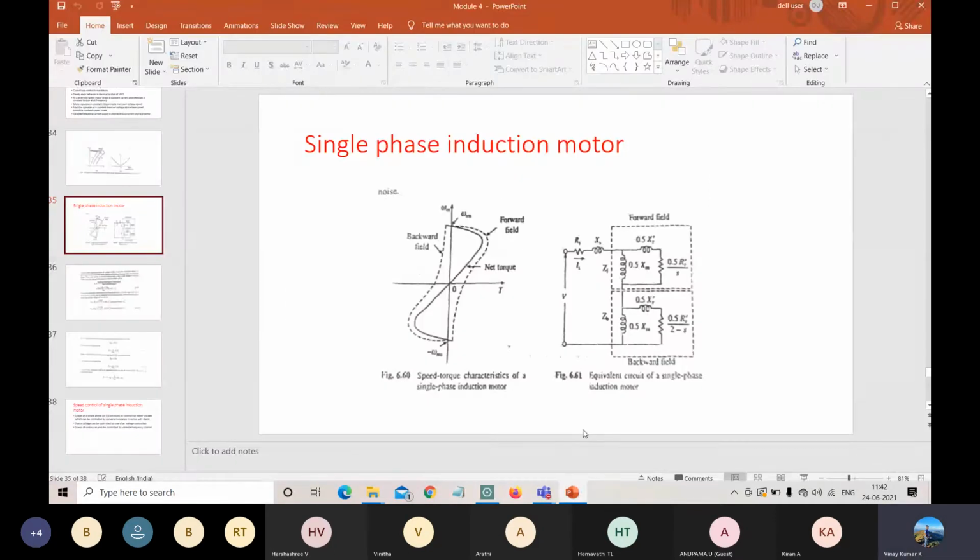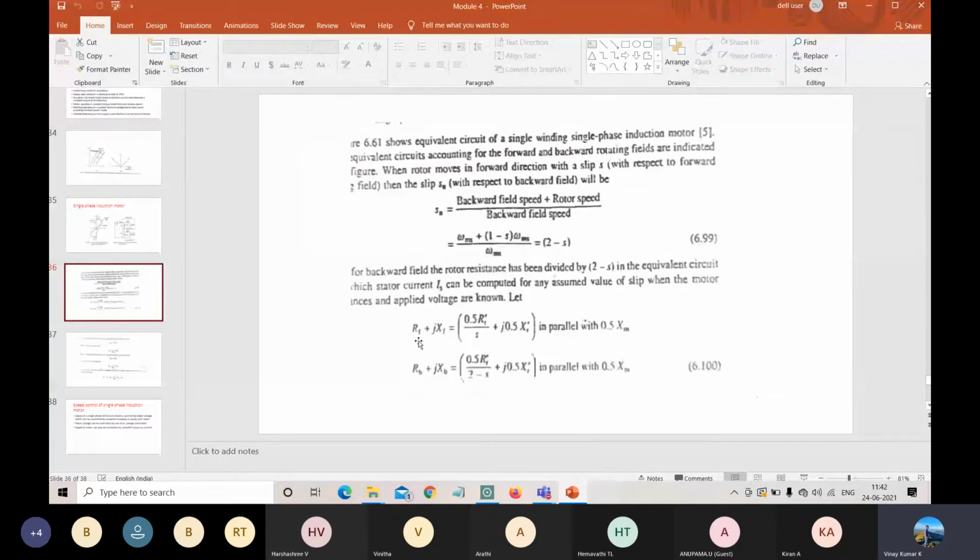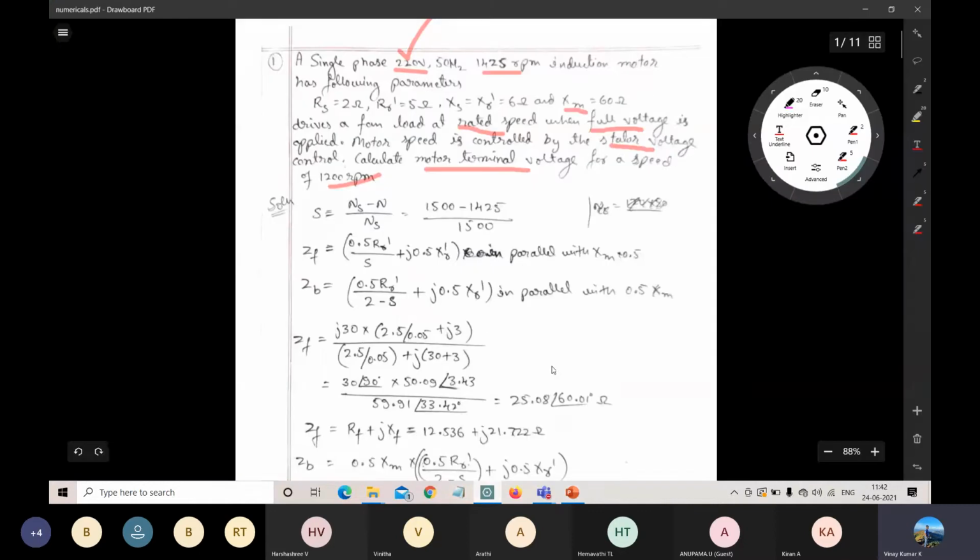So the equation is given like this: ZF is equal to 0.5 RR dash by S plus j0.5 XR dash, in parallel with 0.5 XM. So we know the procedure for calculation of impedance when they are connected in parallel and when they are connected in series.